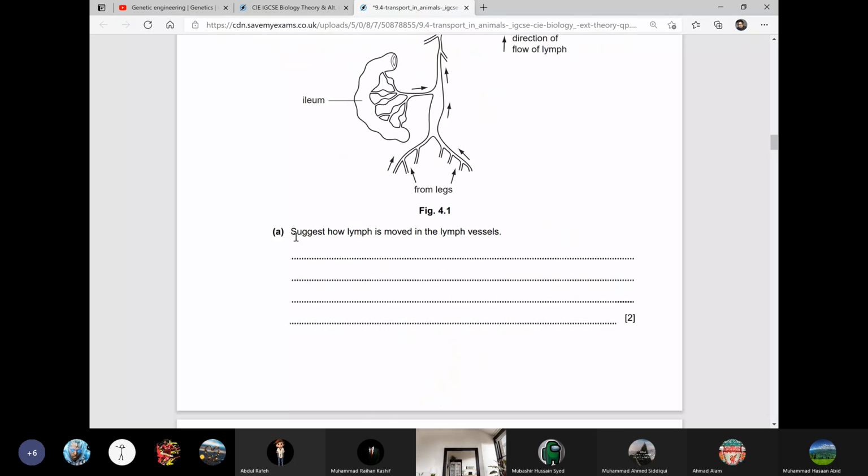Now question A is just how lymph is moved in the lymph vessels. I just answered it a few minutes ago.